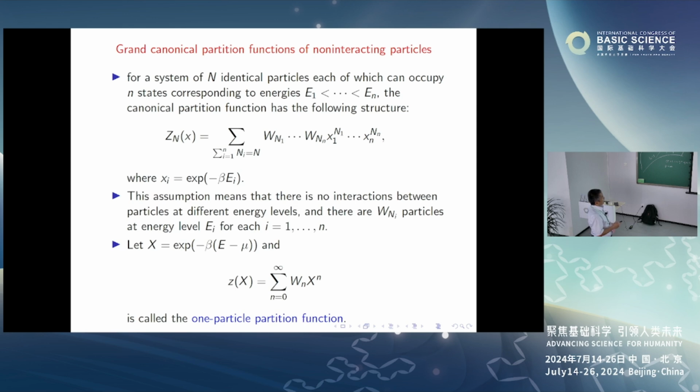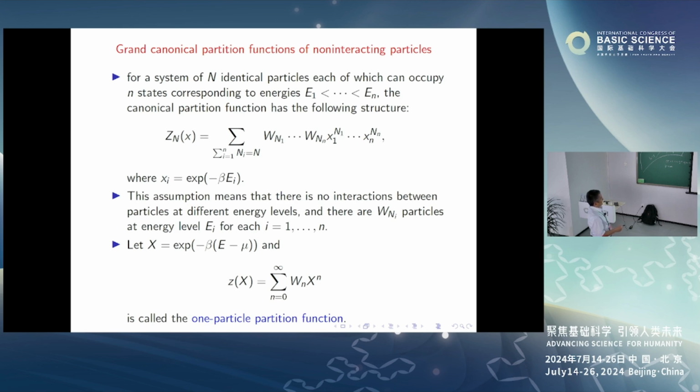For a system of N identical particles, each of which can occupy n states corresponding to different energy levels, E_1 up to E_n, the canonical eigenfunction has the following structure. So we assume that they have this structure. They are given by a summation of N_i, which equals N, so the total number of particles is capital N, and these W_{N_i} are just the number of particles at energy level E_i for each i.